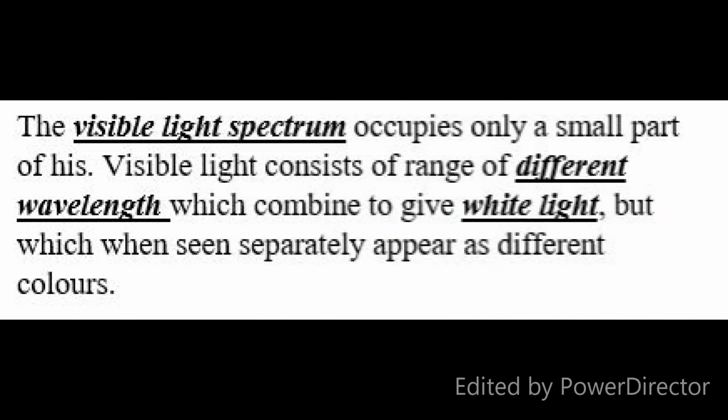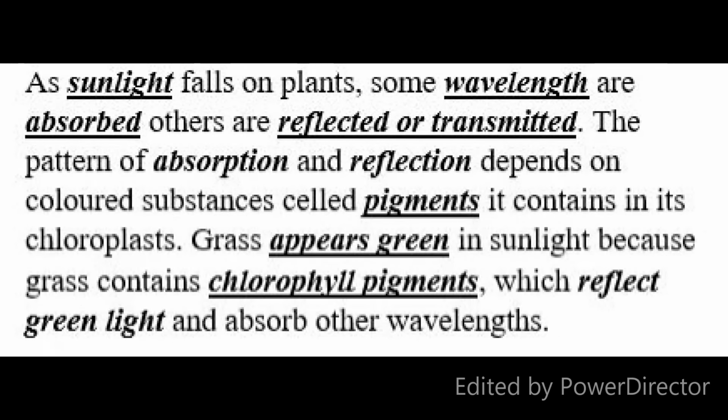The visible light spectrum occupies only a small part of this. Visible light consists of a range of different wavelengths which combine to give white light, but which when seen separately appear as different colors. As sunlight falls on plants, some wavelengths are absorbed, others are reflected or transmitted.